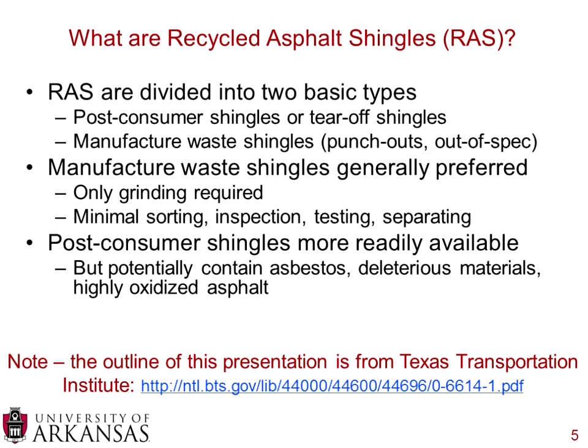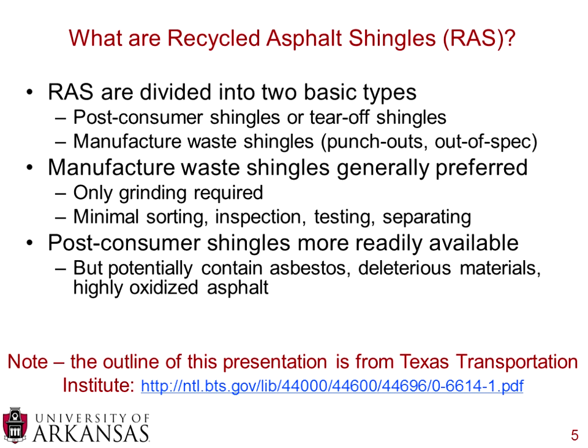The second type is manufactured waste shingles. And these are shingles that come directly from the manufacturer of the asphalt shingles. And these can either be punch-outs from shingles. They have these large sheets of shingles and they punch out certain shapes, or anything that may be slightly out of spec for the roofing application.